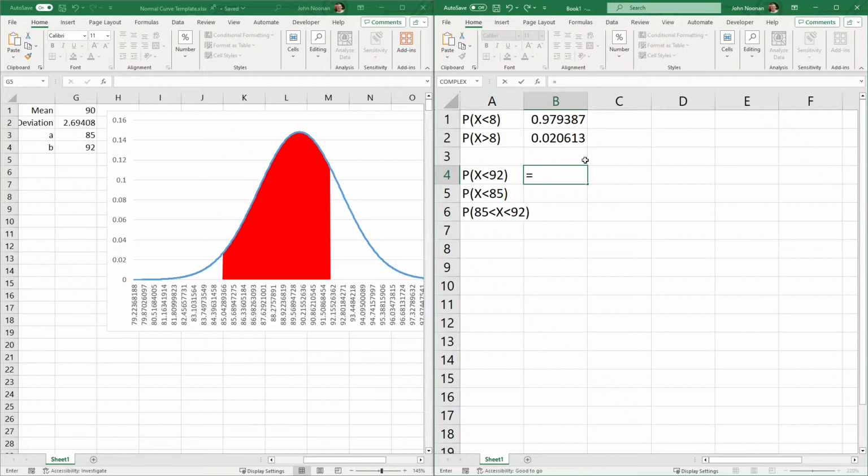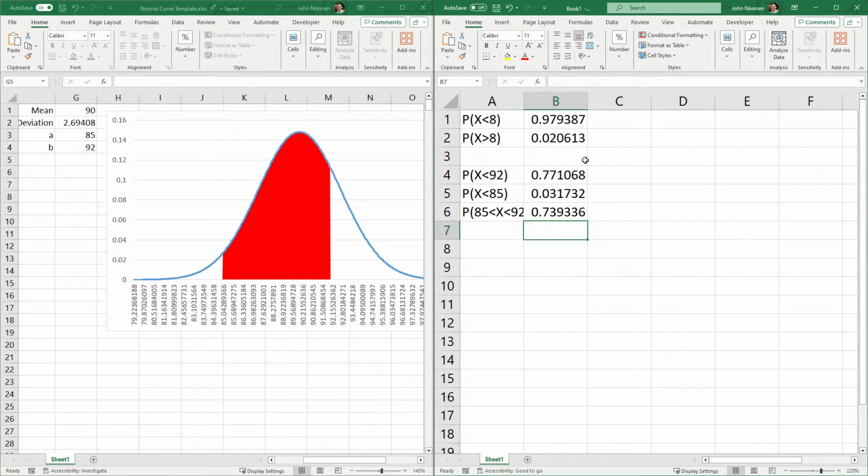So this is going to equal norm.dist of 92, 15 divided by the square root of 31, and true because I truly want the answer. And then I just copy that down there so I can just change this one number, 85, and then this will equal this minus that.